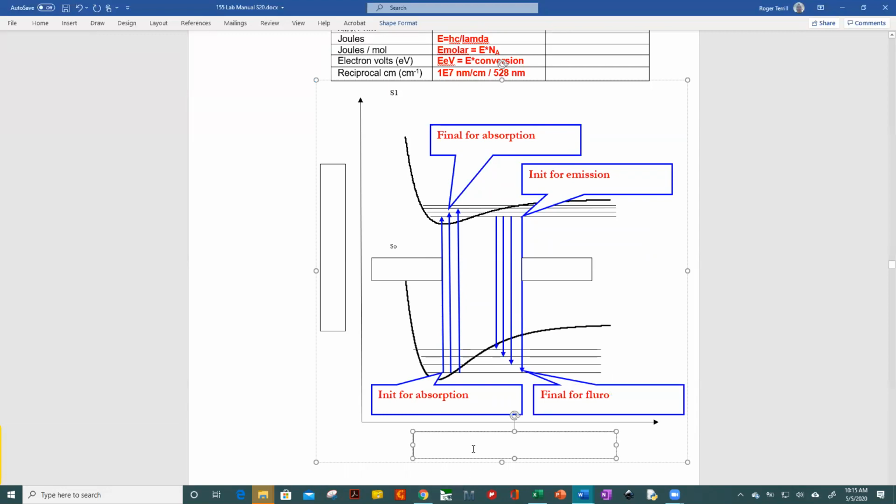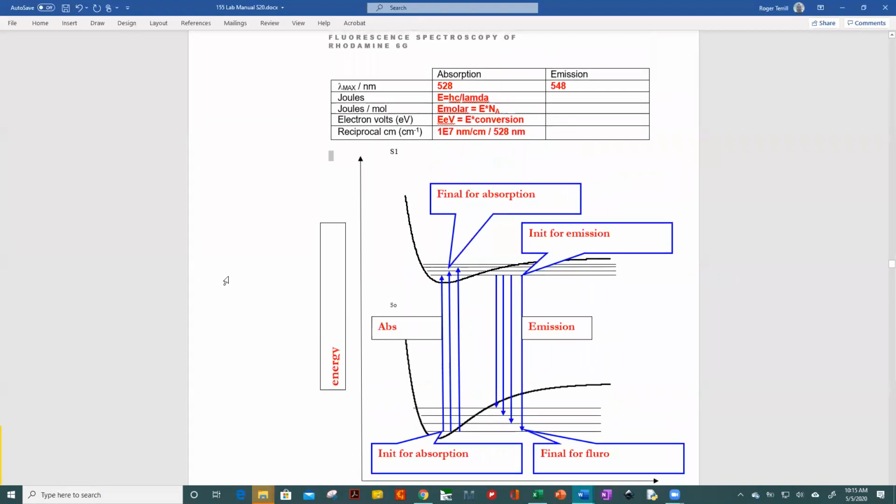This is the vibrational coordinate, and this is the energy. This is the absorption, and this is the emission. That's all I was looking for there, just labeling the diagram. So let's see.